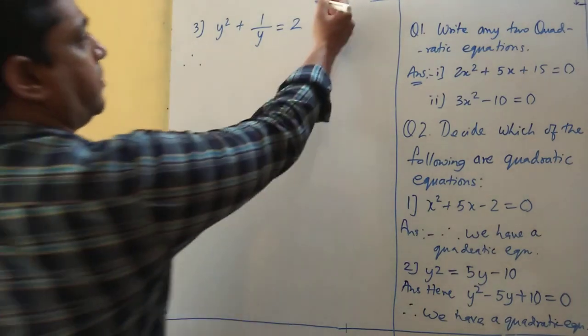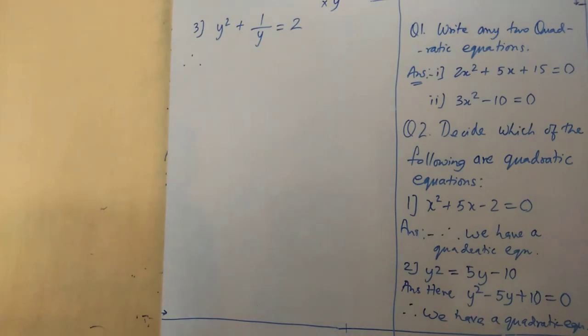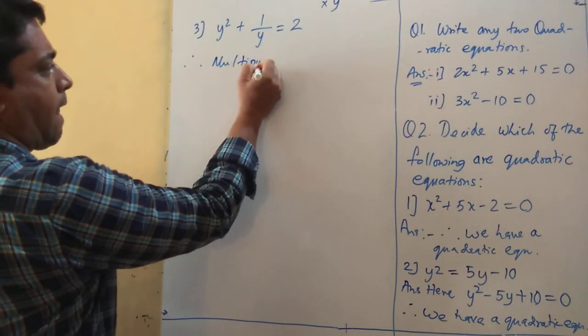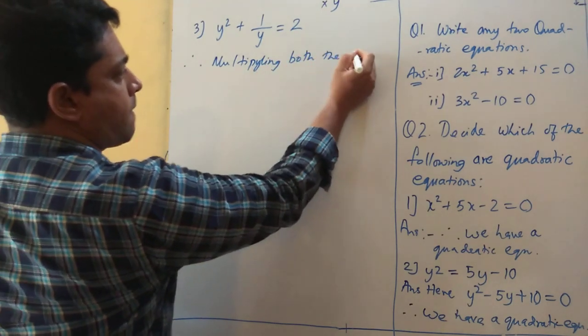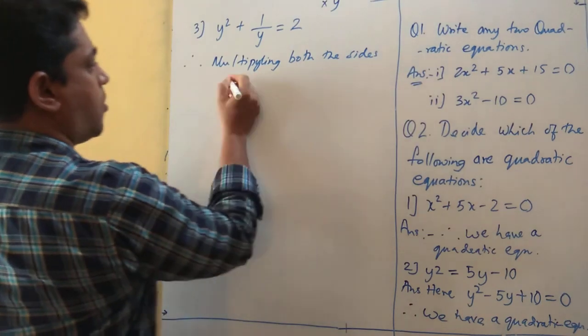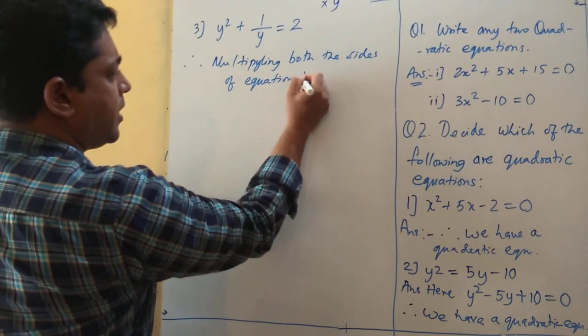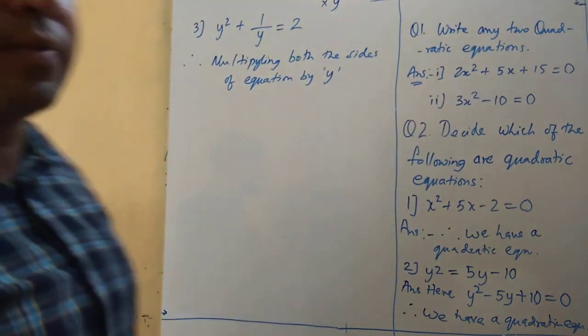So suppose I am multiplying both the sides of the equation by y. Now what we are doing is we are just taking the LCM actually.